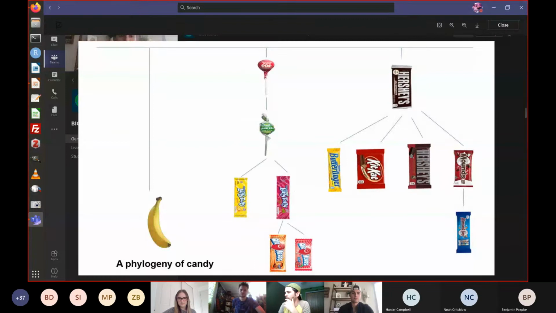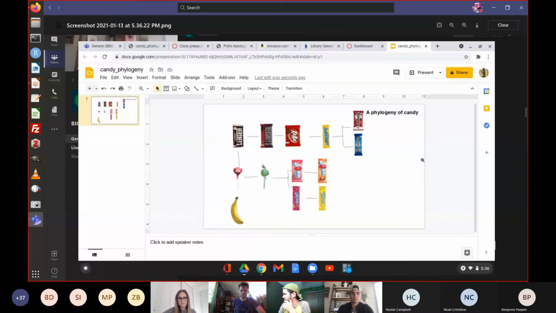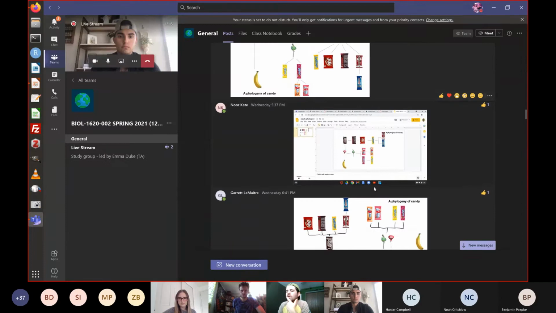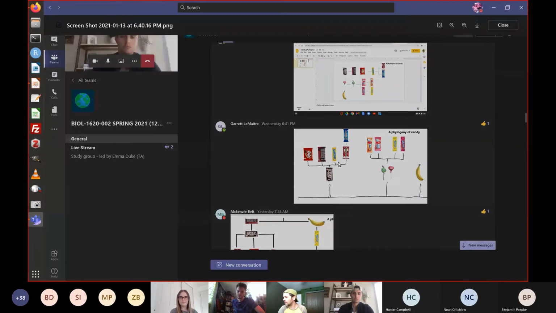All right, here is also a not phylogeny. Another not phylogeny. What's the common theme here? I was hoping you guys would make this mistake, actually. You did not disappoint.